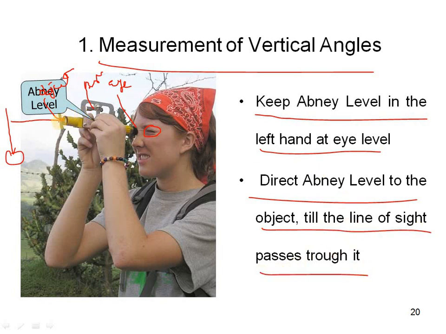So we have to directly sight the object until the line of sight coincides with it. Up to that we have to see the object very clearly. We should not move anywhere. At the place itself we have to sight the object and take the measurements.